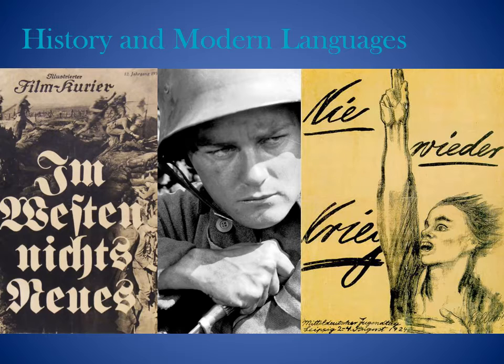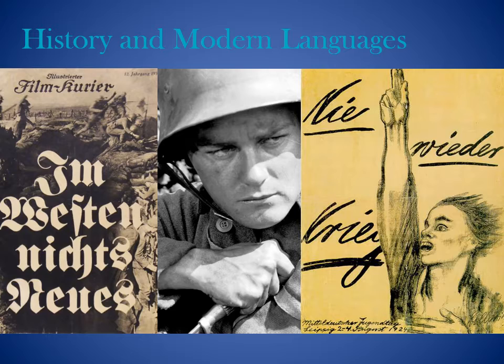On the other side of the Rhine, the German side, my side, you would be looking at a literary work such as All Quiet on the Western Front. You can see the title on the left of this slide. And you would look at this literary work as it is influenced by and influences Weimar culture, Weimar politics.